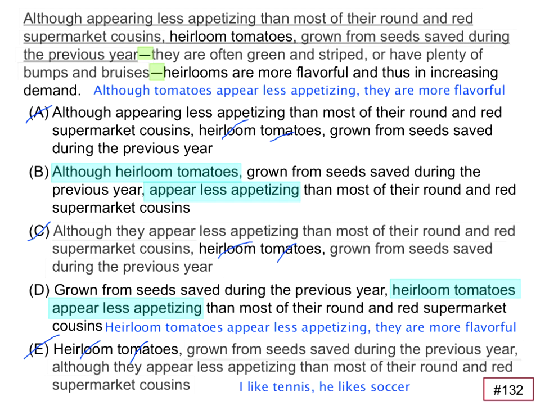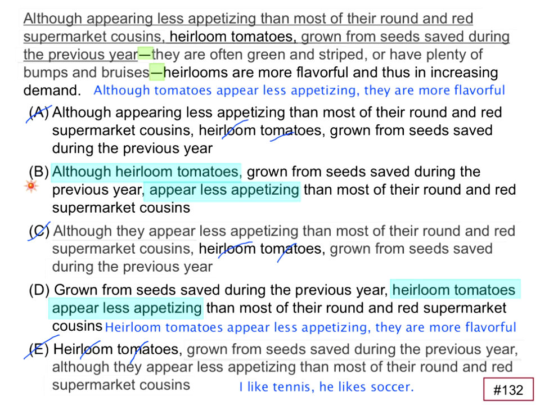If you're going to connect two complete sentences, there are different ways to do that, but this is not one of them. You have to stick a conjunction in between, like, "I like tennis, but he likes soccer." Or as Anna's suggesting, we have to use a semicolon. "I like tennis; he likes soccer." So you can't just stick a comma in there and go straight into another sentence. And that's what answer choice D is doing.